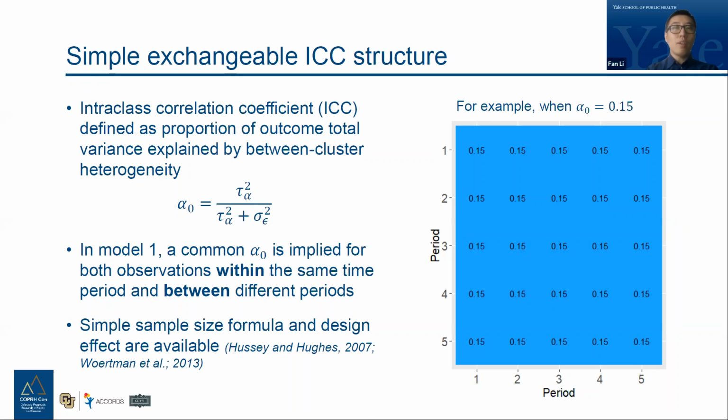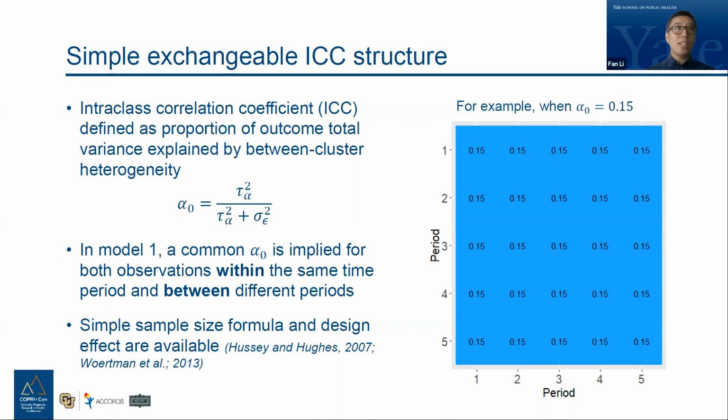In this model 1, a common ICC parameter is implied for both observations taken within the same time period, as well as observations taken between two different time periods. As we can see from the right-hand side, each of the values in the diagonal block represents the ICC parameter for two observations measured in the same time period, and that's a common value alpha 0, for example, equal to 0.15.